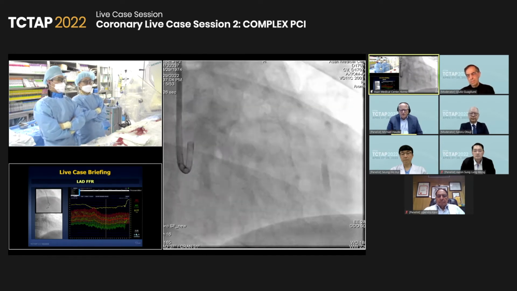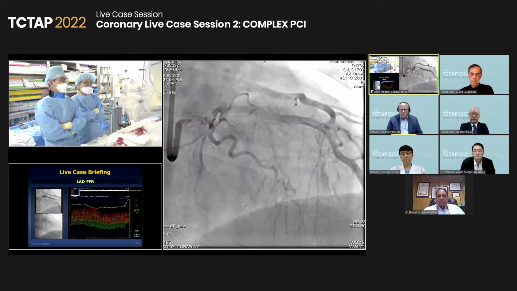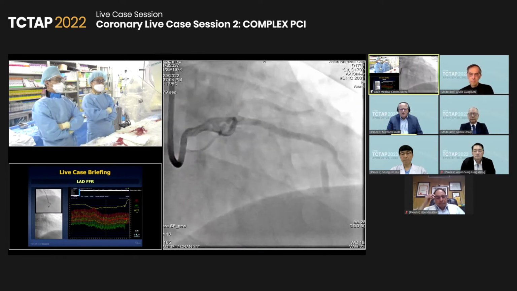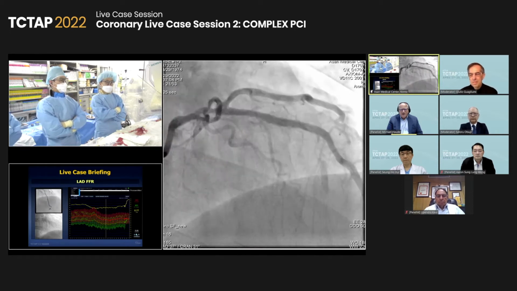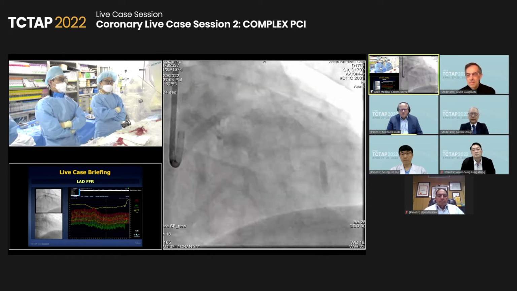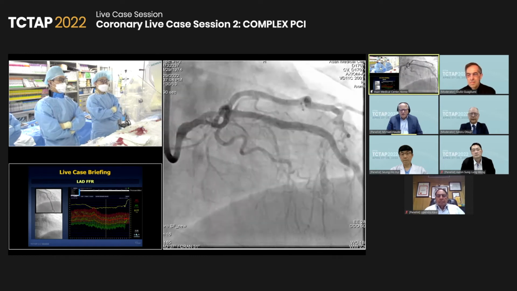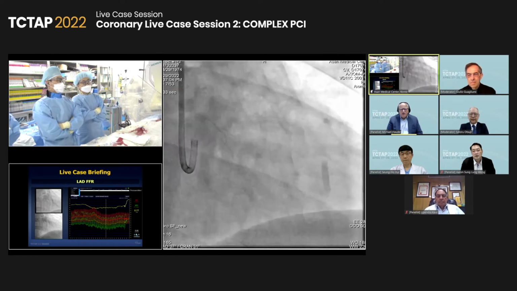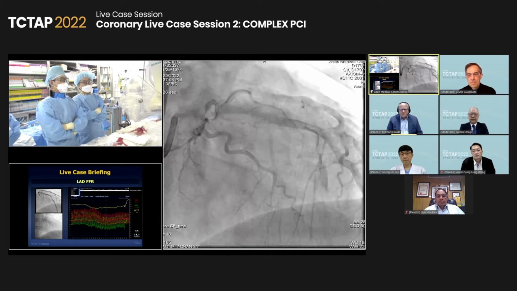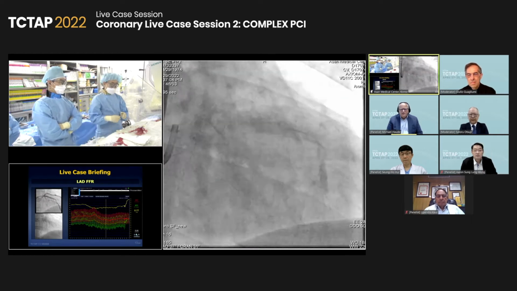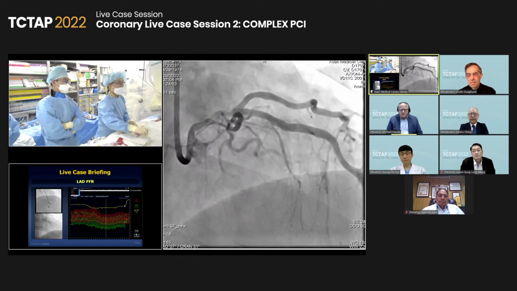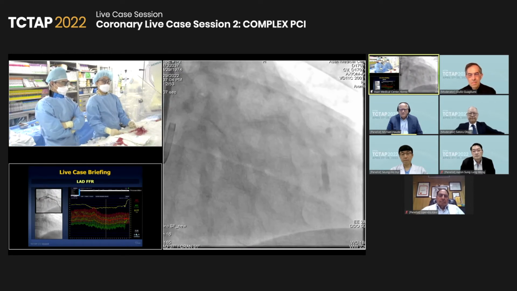So I think we need intracoronary imaging to get more information on how much of the disease involves the left main in order to decide how to approach this. But independent of it being a diabetic patient, for me it is hemodynamically relevant single vessel disease, and we should treat it as a single vessel disease.